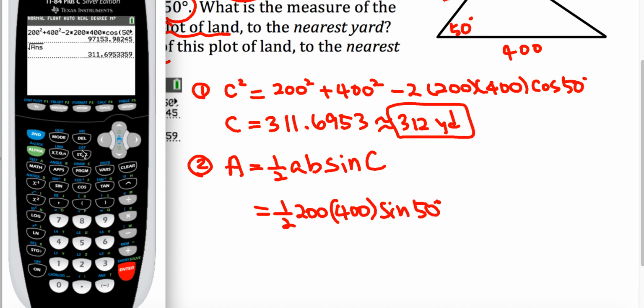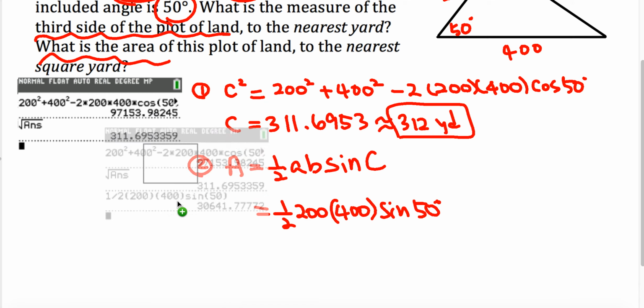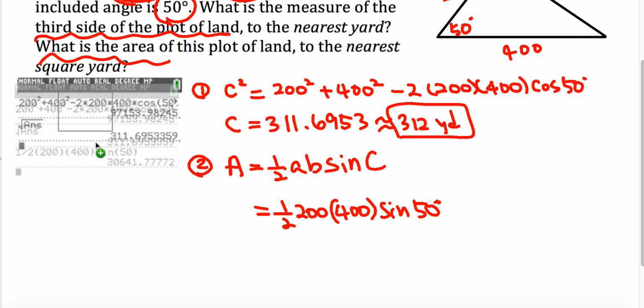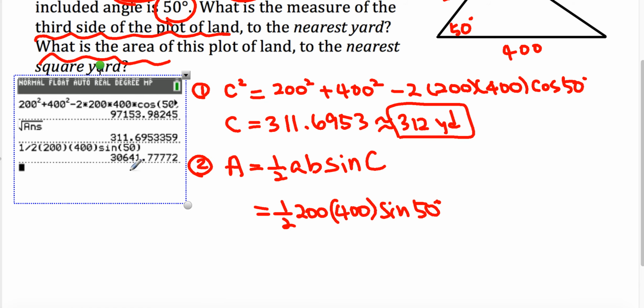Then I'm going to put that into the calculator: 1/2 times 200 times 400 times sine of 50.